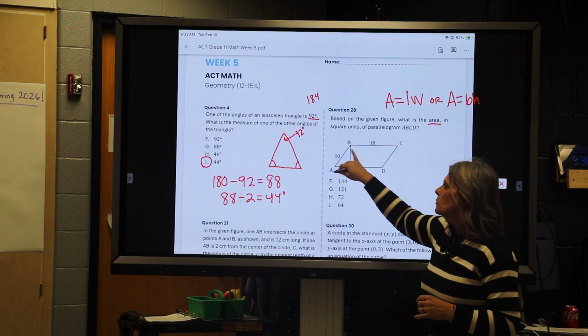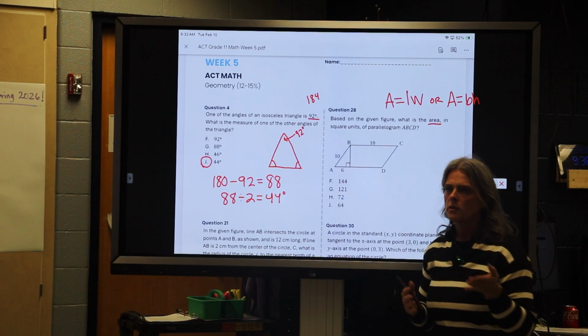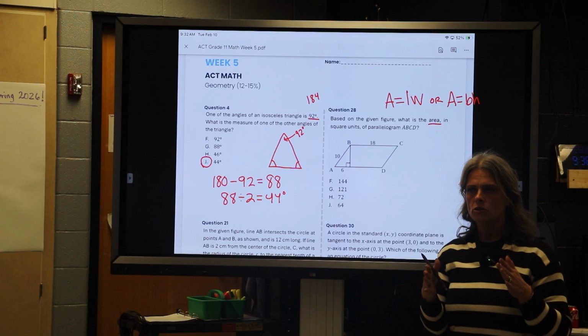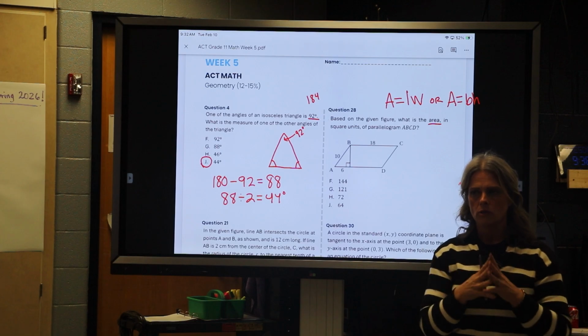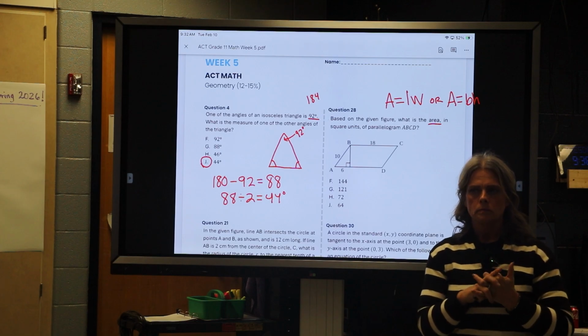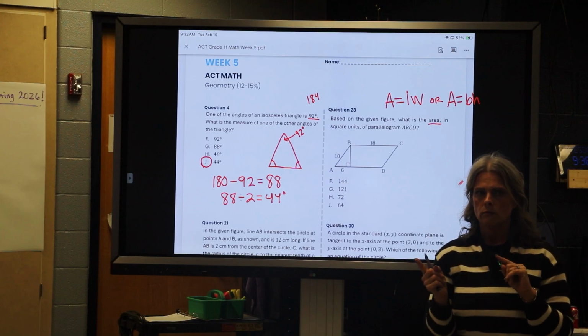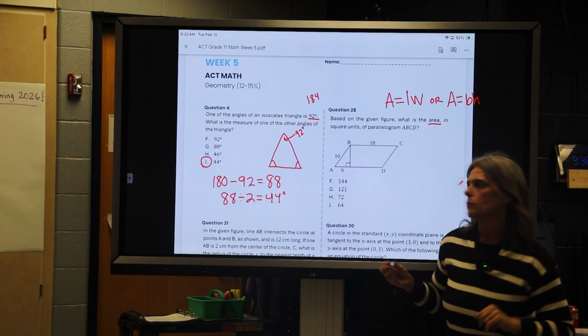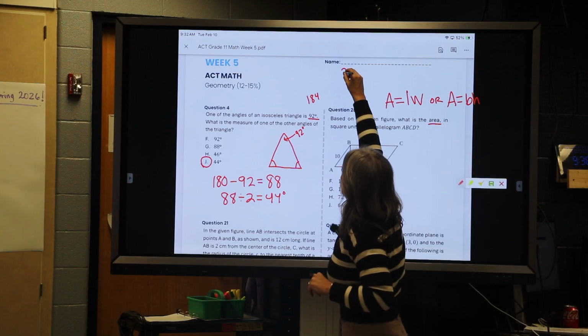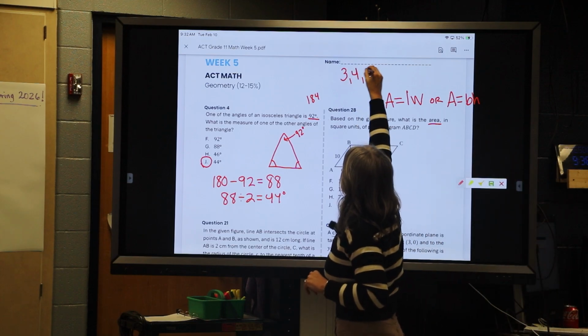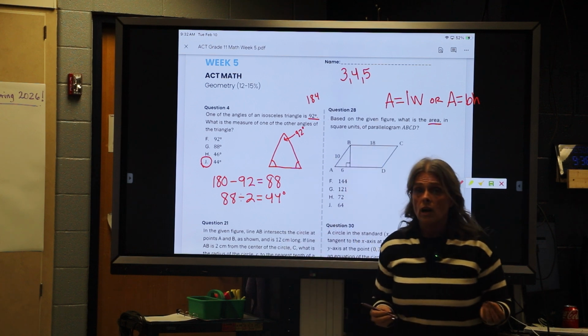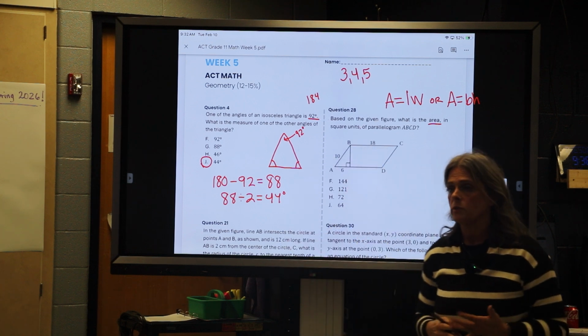Does anybody remember, they're called Pythagorean triples, but there's a certain triangle that I've told you to remember. Do you guys remember what that is? Don't remember? 3, 4, 5. Do you remember it now? 3, 4, 5? Okay, so you have a Pythagorean triple called a 3, 4, 5. That is a right triangle, so this saves you time not having to do the Pythagorean theorem.